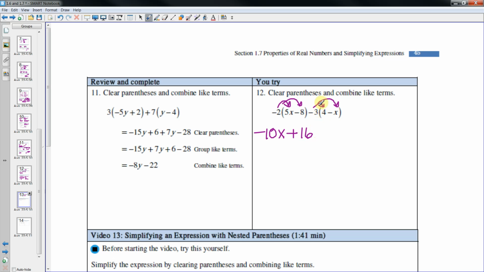Negative 3 times a positive 4 gives me negative 12. Negative 3 times a positive x gives me plus 3x. So then let's combine what we can. Negative 10x plus 3x gives me negative 7x. 10 minus 3 is 7. 10 is bigger, stays negative. 16 minus 12 gives me a positive 4. And I can't go any further than that.